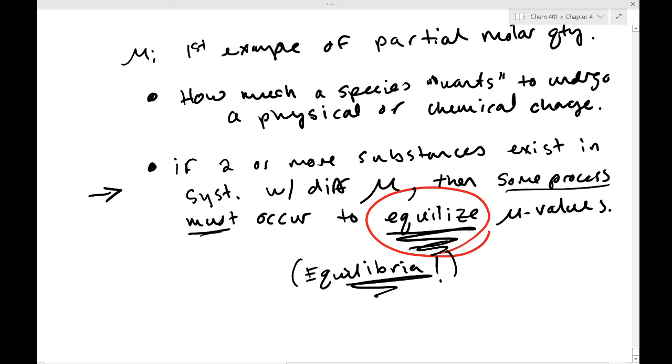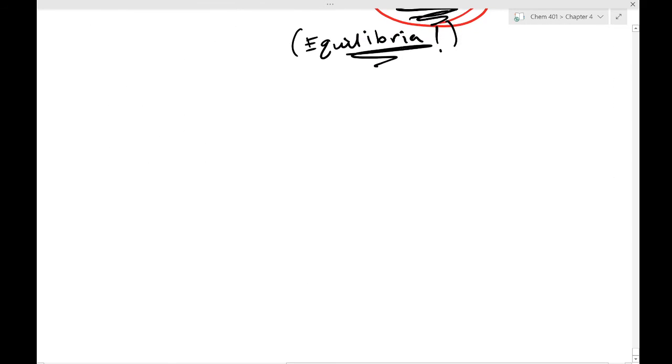Now, before we get into this idea of how chemical potential and thermochemistry can be related to equilibria and chemical reactions in general, we need to define one term. It's not a term, it's an idea. We need to define something, and this is called fugacity.